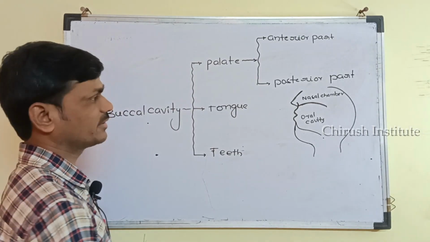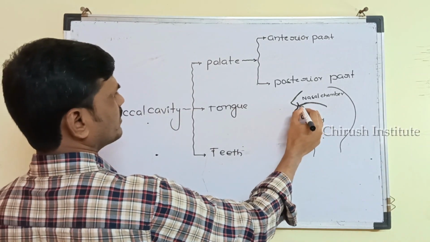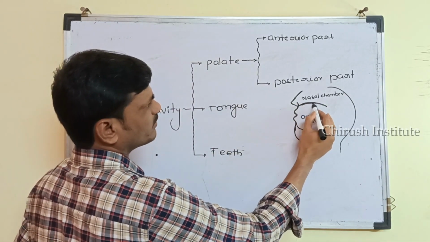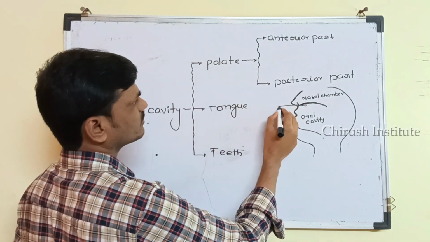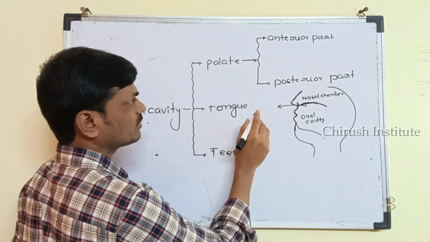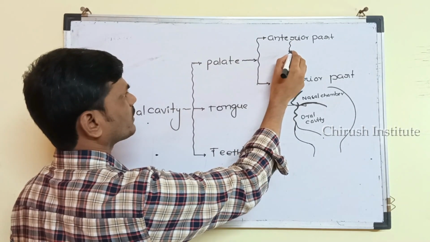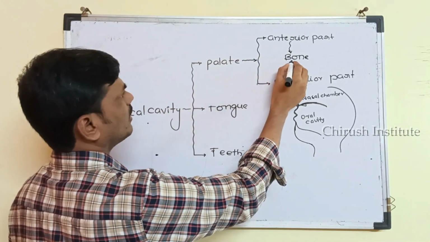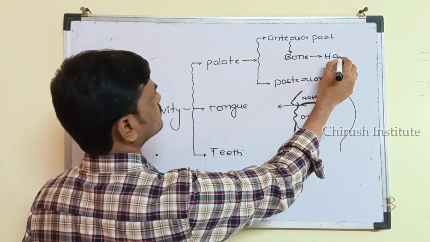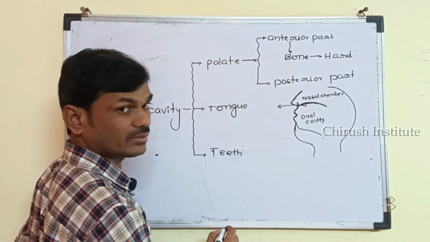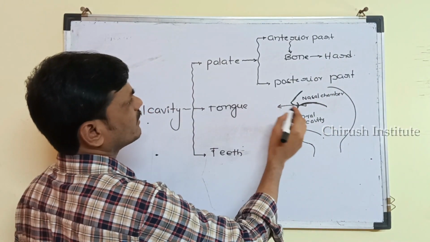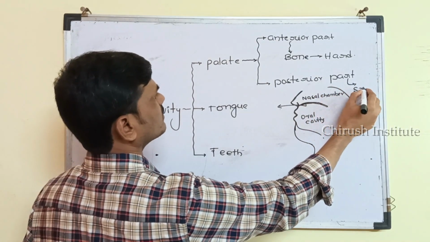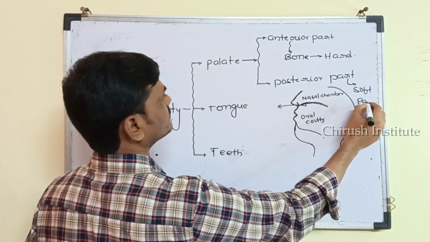The anterior portion of the palate, you can see this much portion, is made up of bone, so we call it the hard palate. The posterior portion of the palate is made up of cartilage, so we call it the soft palate.